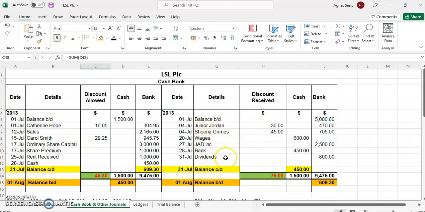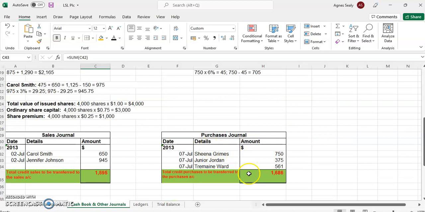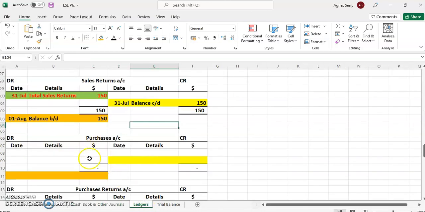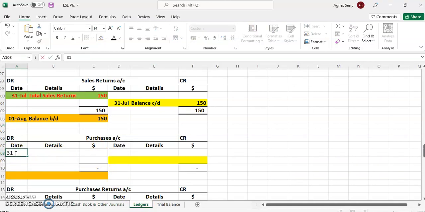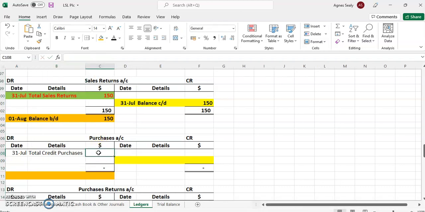But when we look here, we do not see any cash purchases, so we don't have any. So therefore, we just enter the total for the credit purchases. So that is on the 31st of July. Total credit purchases $1,686.